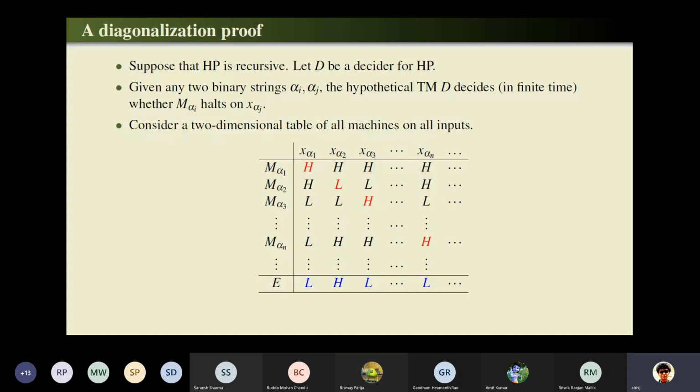If M alpha i halts on X alpha j, then that entry of that infinite two-dimensional table is H, meaning halt. If M alpha i does not halt on X alpha j, then the ijth entry of the table is L, meaning loop. So H stands for halt, L stands for loop.